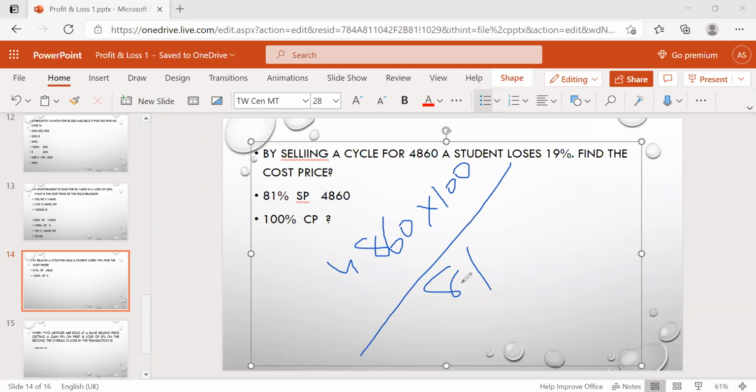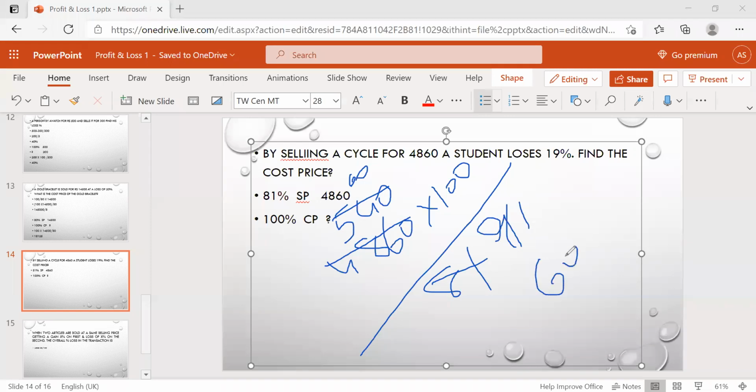Then just cancel by 81. How many times will it go? 81 means 9 we get, right? So 9 nines, and 5 and 4, and 9 sixes 60.